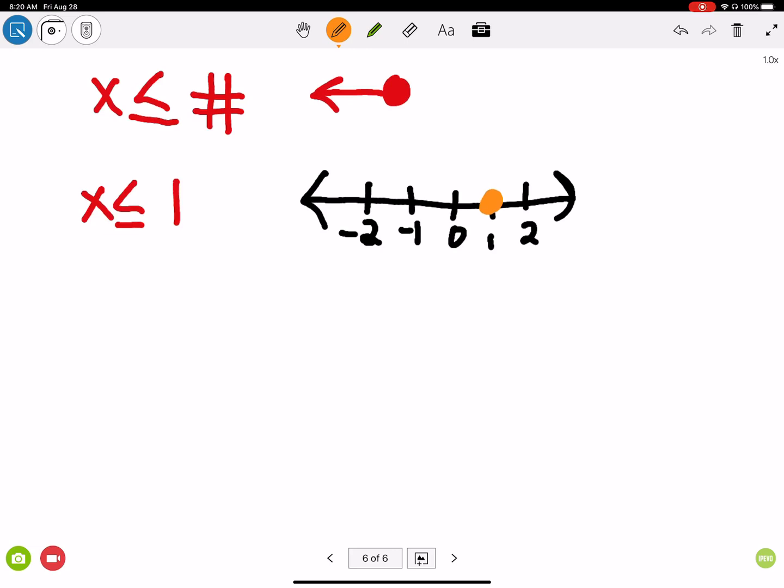Okay. And then because x can also be less than 1, I'm going to go to the left. And I'm done. This shows me that x can still be 1 because it's a filled in circle. And it's going to go to the left. And there will be an arrow at the end to show that all of the solutions that are less than 1 are possible.